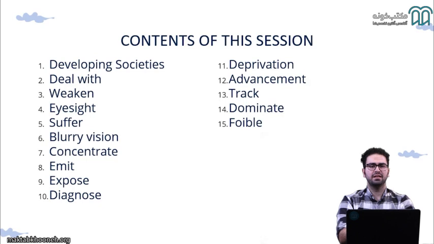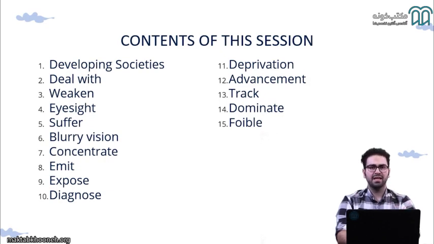That's it. That is the end of this session. There are 15 words that we have. Developing societies, deal with, weakened eyesight, suffer, blurry vision, concentrate, emit, expose, diagnose, deprivation, advancement, track, dominate, and foibles. Try to write a sentence or more for each of these vocabularies.